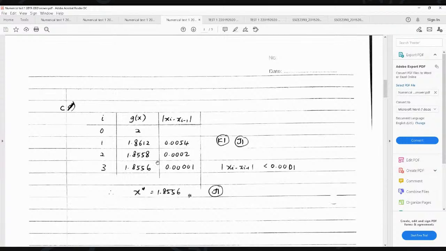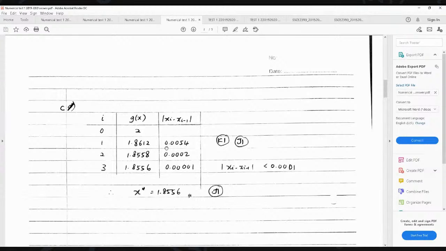0.054. You need to continue to the next iteration because x_i minus x_(i-1) is still greater than 0.001. So you continue to the second iteration, and then the third iteration. You terminate at the third iteration because x_i minus x_(i-1) is less than 0.001.